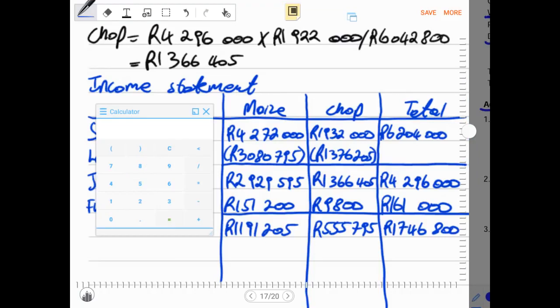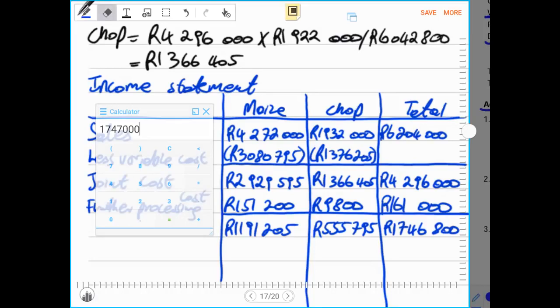Just to confirm, we have 1,191,205 plus 555,795 is 1,747,000. Okay, not 46. 1,747,800.